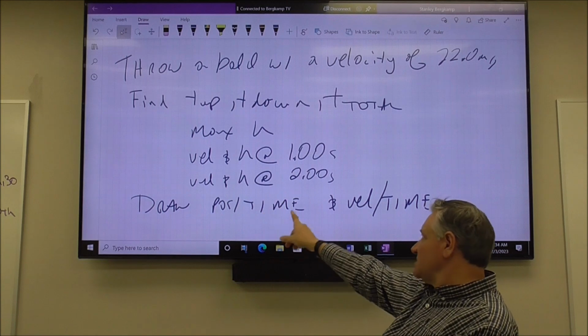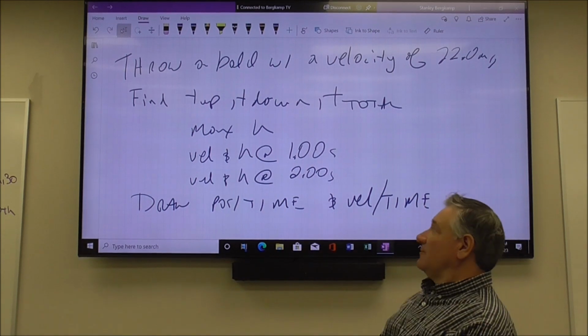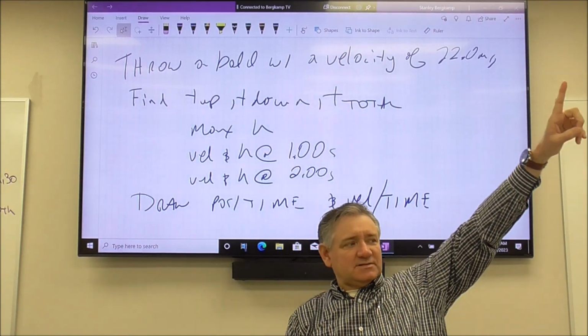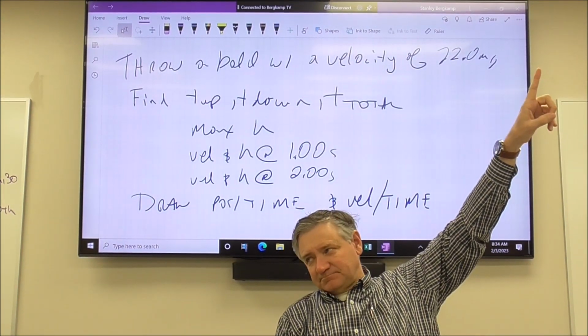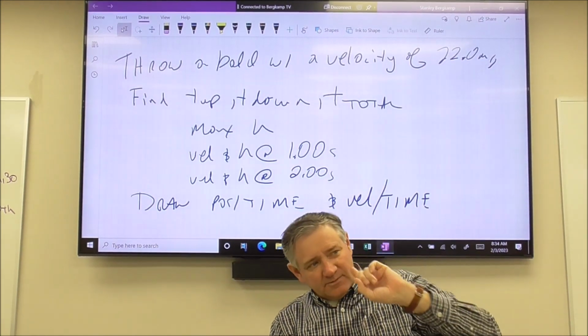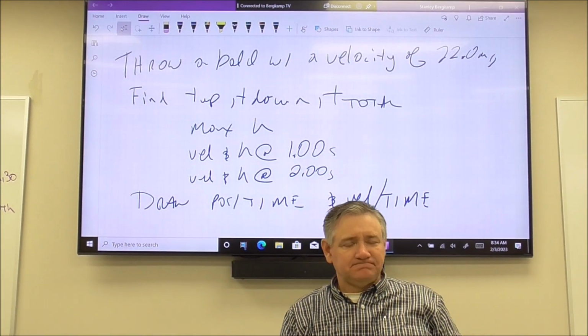I want to draw the position time graph and the velocity time graph, and we know one number, and that's 22.0 meters per second. We want to find all of that from one number, okay?